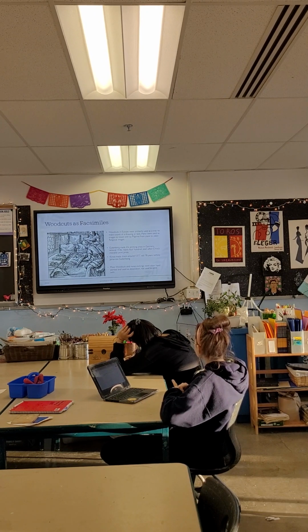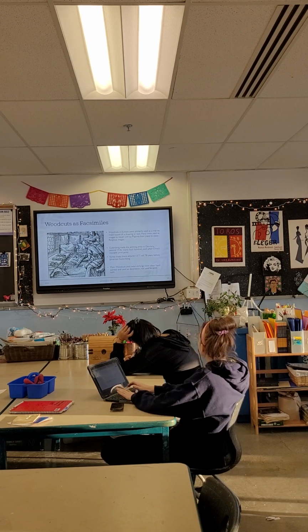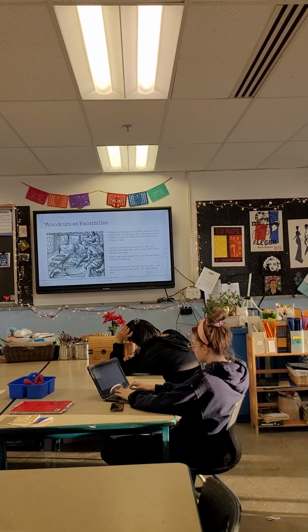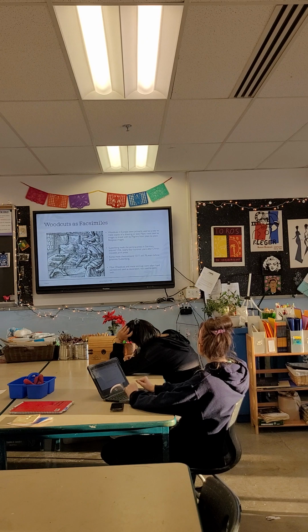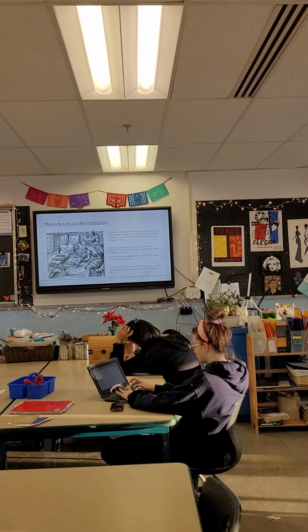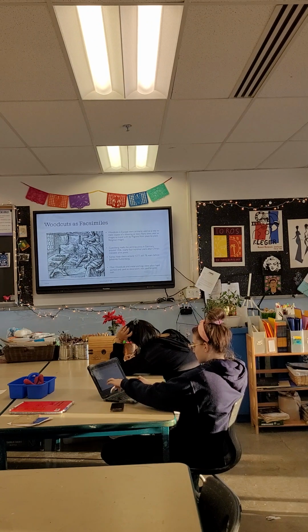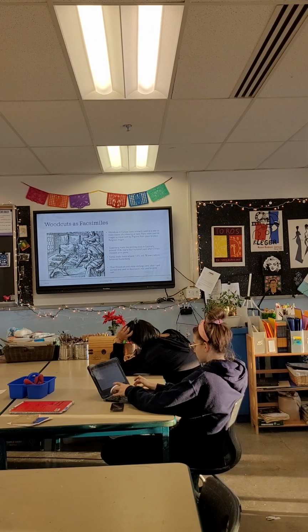So woodcuts, other than playing cards, were typically used for making copies of drawings, so they were called facsimiles. Facsimile just means essentially a copy or a fake later on in the origin of the word. So Gutenberg, like I said before, he didn't make his movable type press, which was a way of printing.